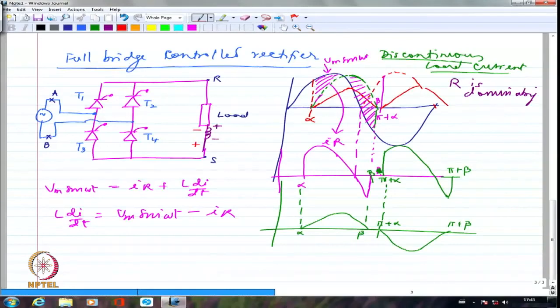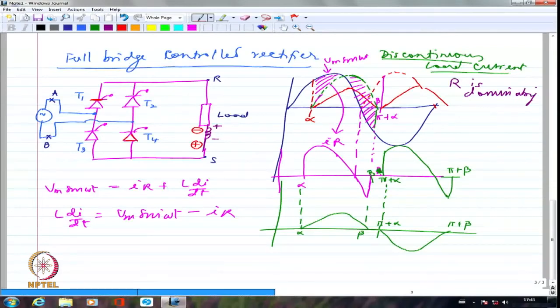L di by dt has reversed its direction. Current has started falling. Because current is falling, I will have plus here and minus here. And look at this plus. This plus is connected to the anode here, so T4 will get forward biased. Similarly, this minus is connected to T1's cathode. So obviously, T1 and T4 can get forward biased if the inductance voltage is sufficient to forward bias these two devices.